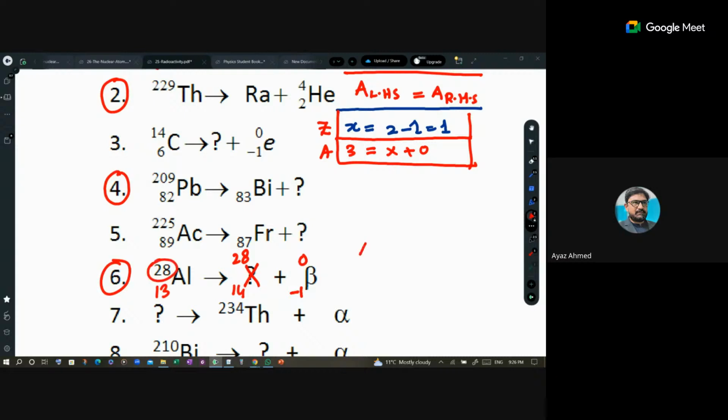This is A. Usually A is Z plus N. In most cases, Z and N are almost the same. Or if they are not the same, N appears either greater than or equal to Z. This is the situation all the time.